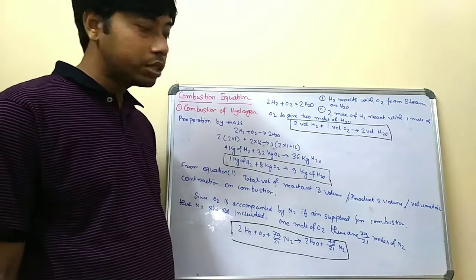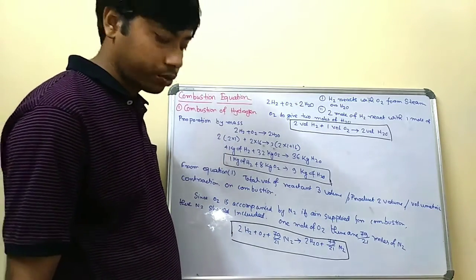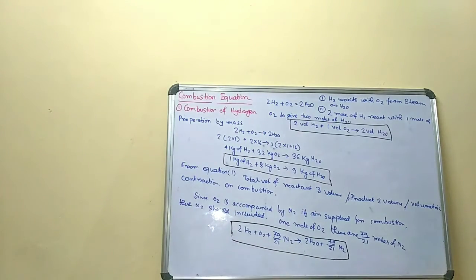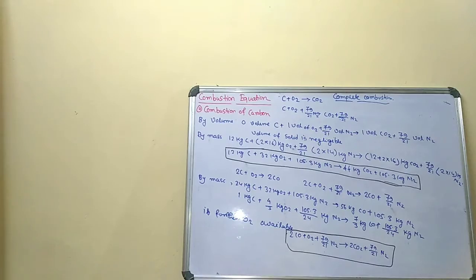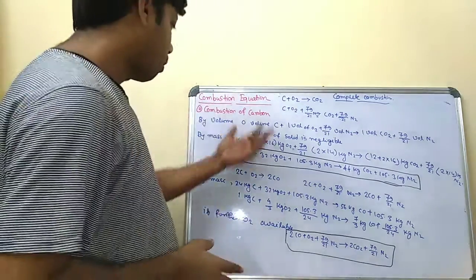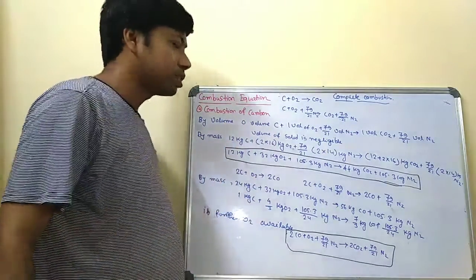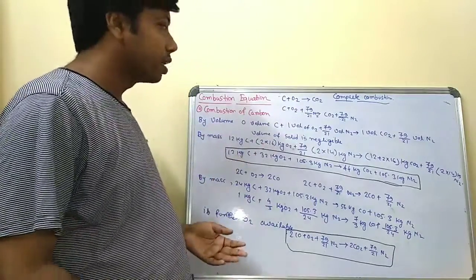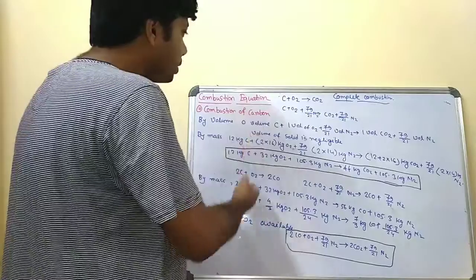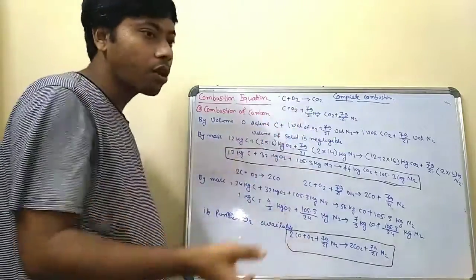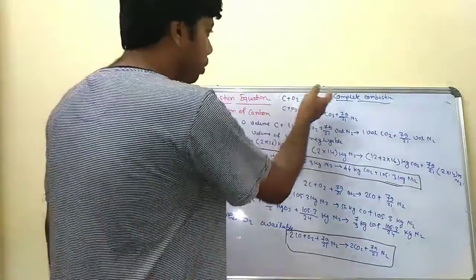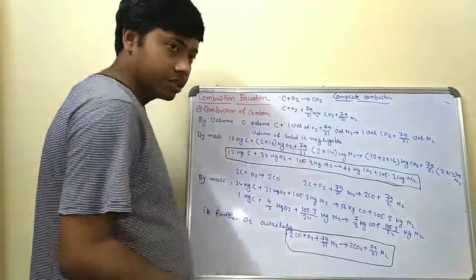Now we look into the combustion of carbon, the combustion equations for complete and incomplete combustion of carbon. When carbon reacts with atmospheric oxygen, in the case of complete combustion, carbon is converted to carbon dioxide.